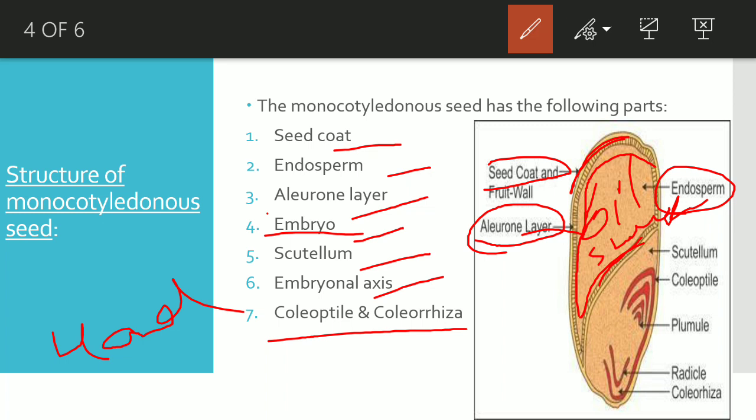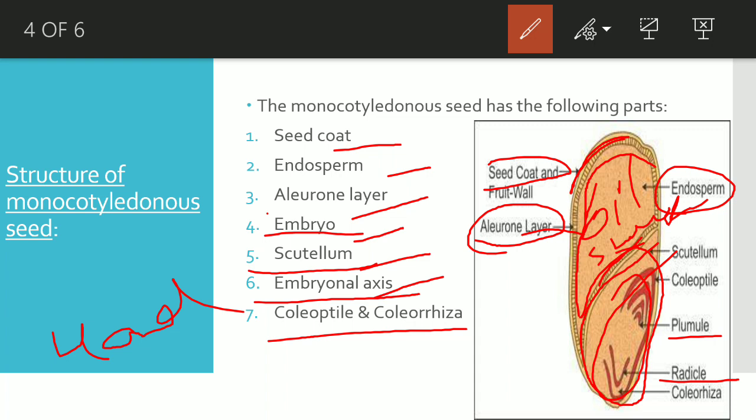The next one is scutellum. The scutellum is the one large shield-shaped cotyledon. The sixth one is embryonal axis. The plumule and the radicle are the two ends of this embryonal axis.